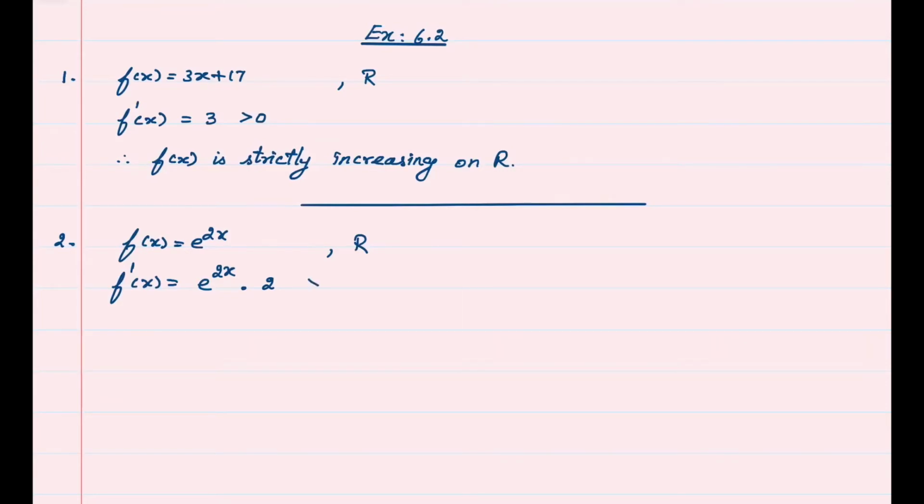And this is also always greater than 0 whatever the value of x is, because we know that exponential function is always a positive function. e function doesn't even take the value 0. It is always greater than 0. Since it is strictly greater than 0, we can say that f(x) is strictly increasing on R.